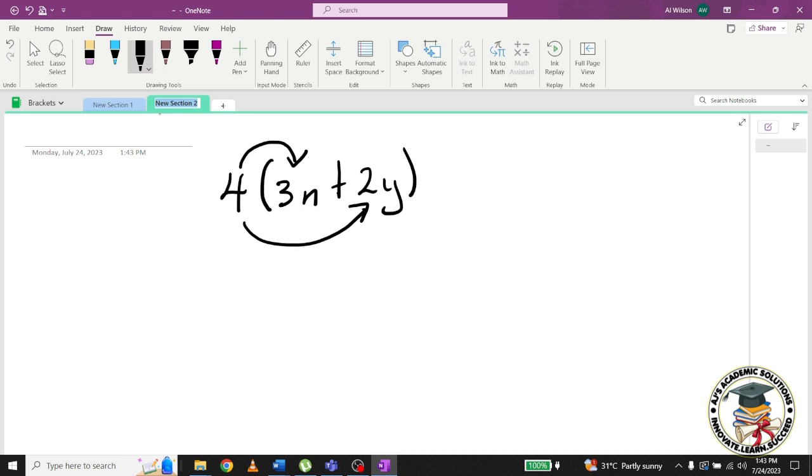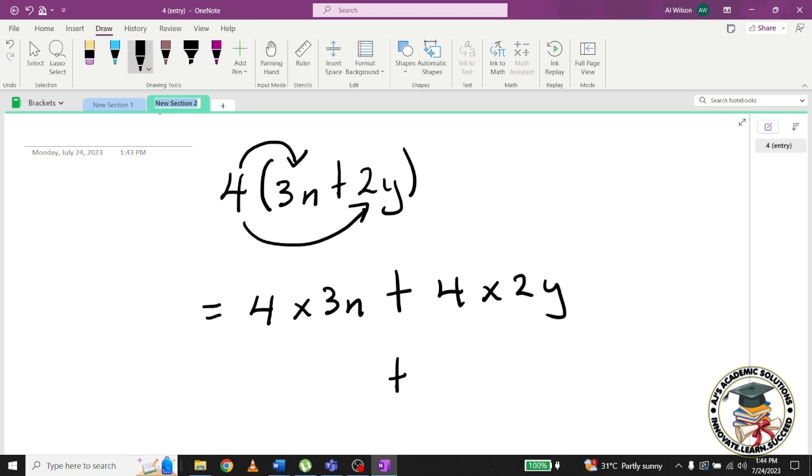So notice the terms in the bracket are each individually multiplied, but what is outside of the bracket, which we would call the scalar. So here we're going to have 4 times 3n plus 4 times 2y.